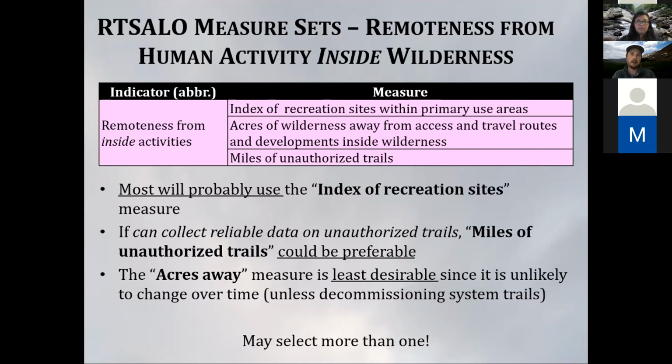And if you do not have data for rec sites or unauthorized trails, then you'll be selecting the acres away measure. That's something that Jim will help you pull data for, and any wilderness will have data for that measure. It's the least preferable, mostly because it's unlikely to change over time. But like all the other ones, you can select more than one.